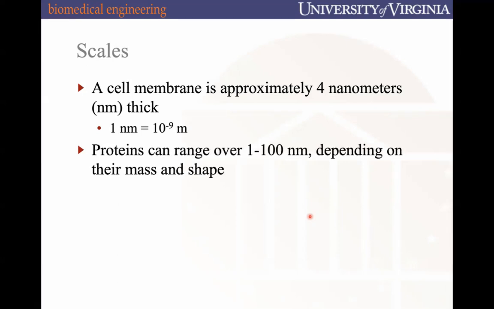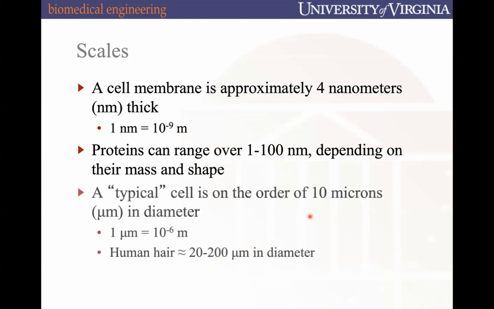Proteins that are associated with the membrane can range from 1 to 100 nanometers, so they can be way smaller or way bigger than the membrane, depending on their mass, shape, and overall function. And if you remember from the pre-lecture, the cell is about 10 microns.